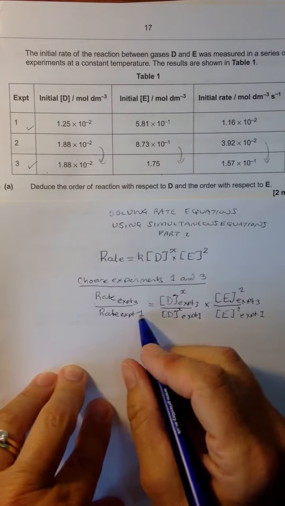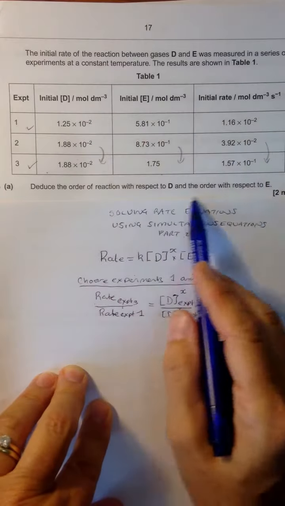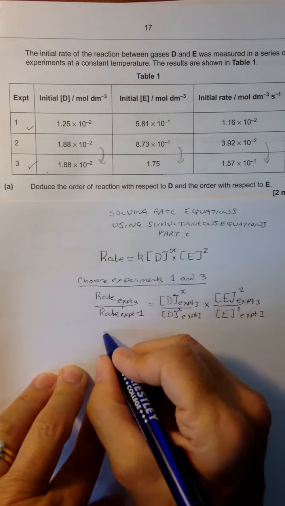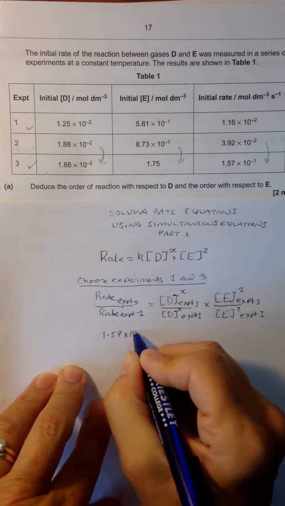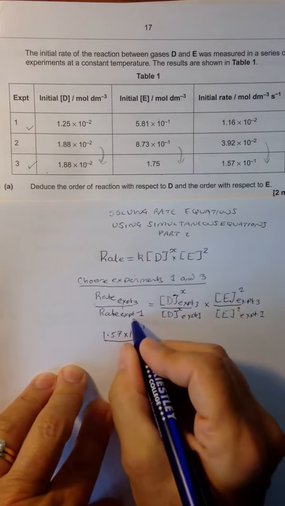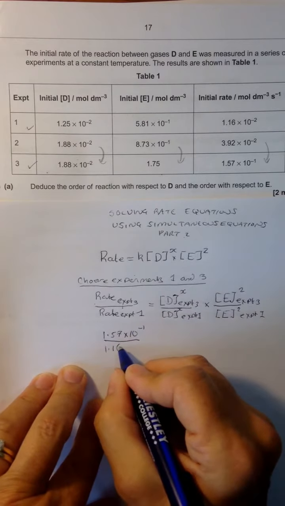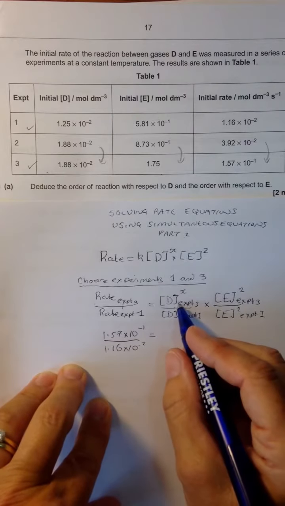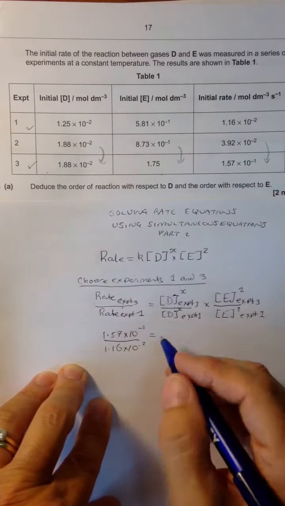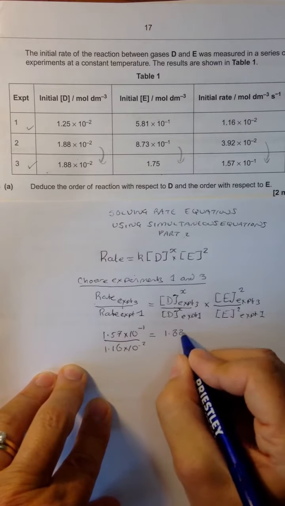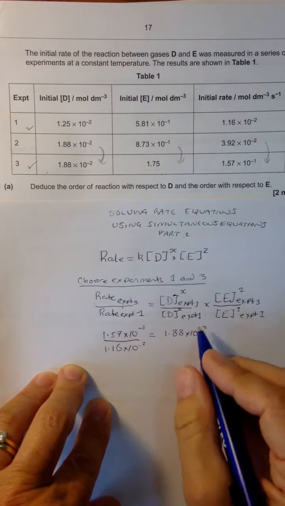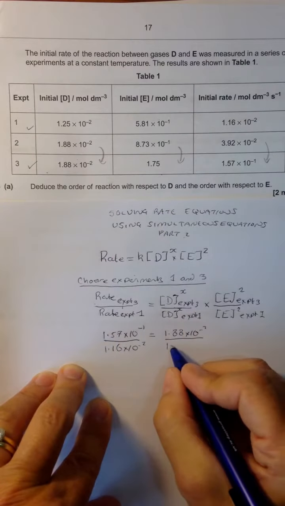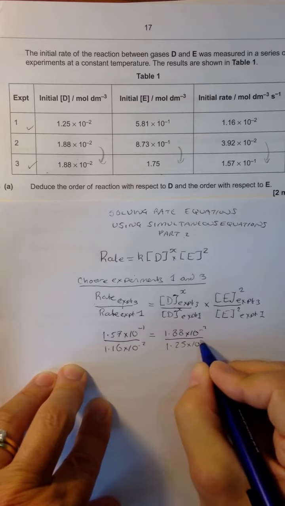Let's now substitute in our values, looking at the data we've been given. So the rate in experiment 3 is 1.57 times 10 to the minus 1. The rate in experiment 1 is 1.16 times 10 to the minus 2, and that is equal to the concentration of D in experiment 3, which is 1.88 times 10 to the minus 2, divided by the concentration of D in experiment 1, which is 1.25 times 10 to the minus 2.